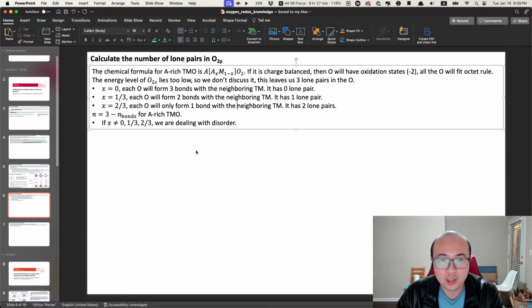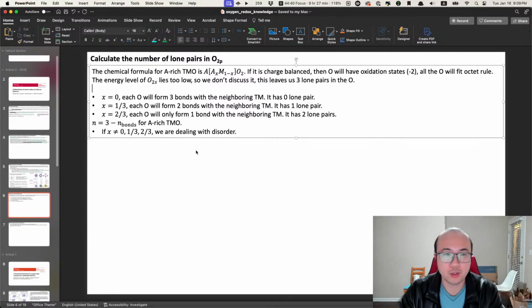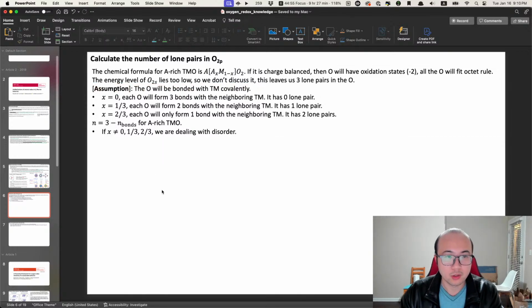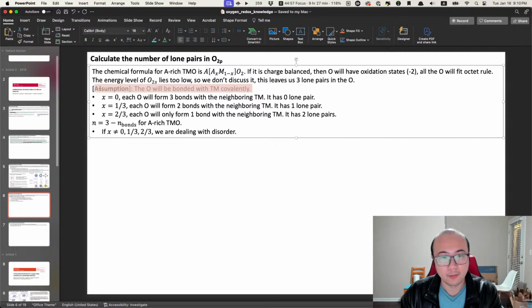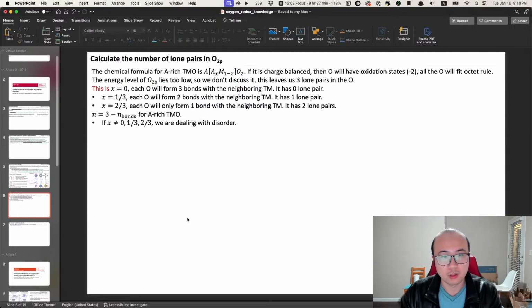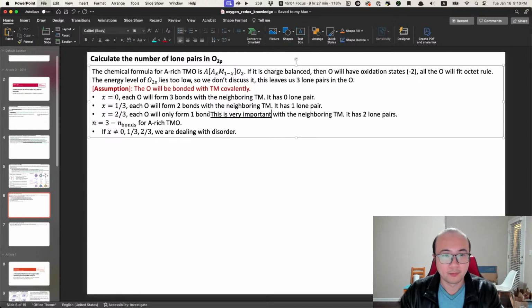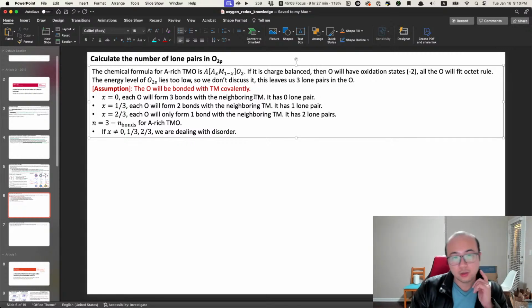Oh, so in here, I think they have an assumption. The oxygen will be bonded with transition metals covalently. This is a very important assumption. This is very important. The oxygen will be bonded.